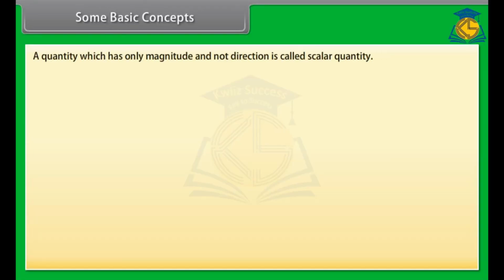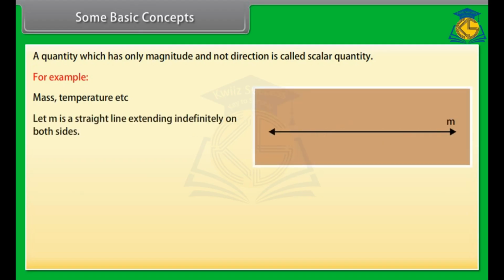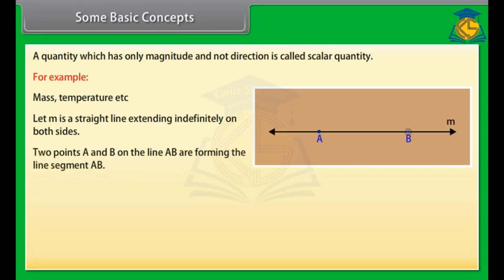Some basic concepts. A quantity which has only magnitude and not direction is called a scalar quantity, for example, mass, temperature, etc. Let M be a straight line extending indefinitely on both sides. Two points A and B on the line M form the line segment AB.